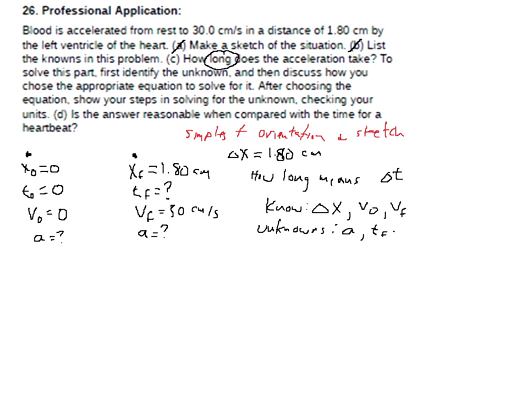It'd be a headache that we don't need. So one formula we've determined so far is: average velocity equals delta x over delta t.